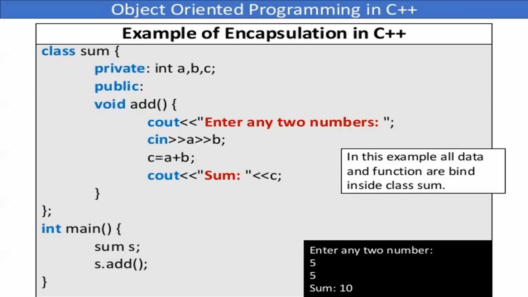Now here is a full-fledged program which shows us the execution. Now this program, if you write down, it will be executed. ठीक है, क्योंकि इसमें main है. तो अभी हम देखें. The name of the class is Sum. What are its data members?